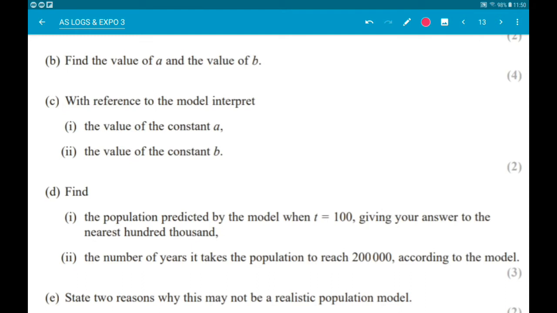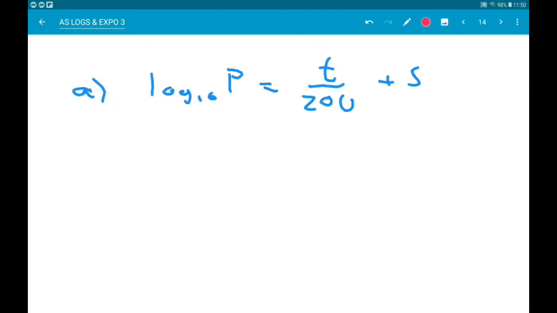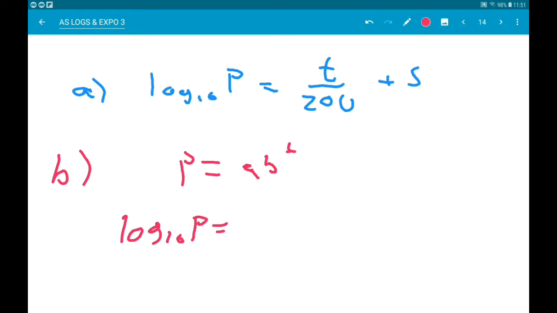So we know that P equals a b to the power t. Now if we take logs of both sides, we know log 10 P is equal to log 10 of a b to the t.